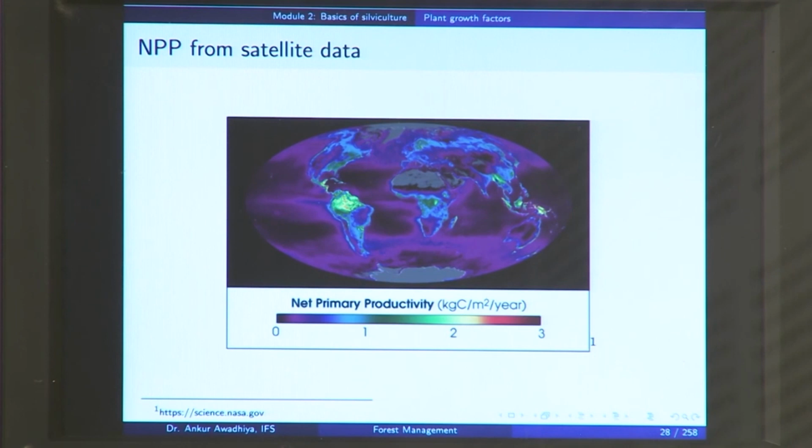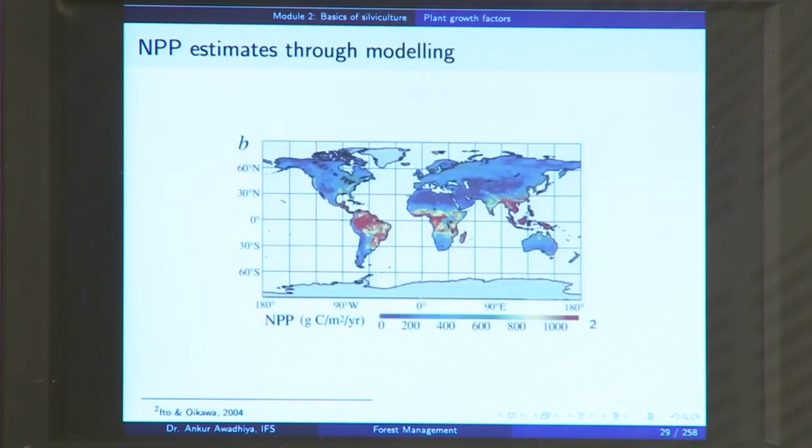You can also figure out the net primary productivity using computer modeling.